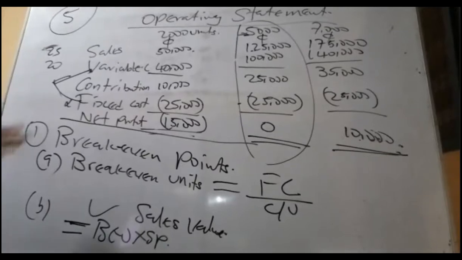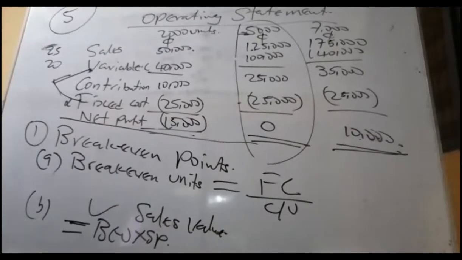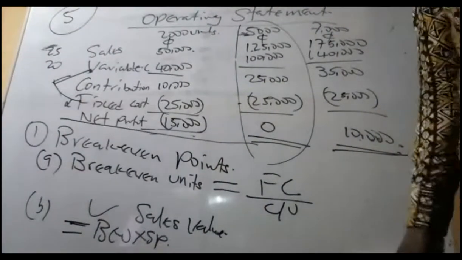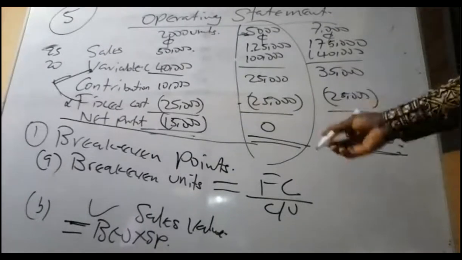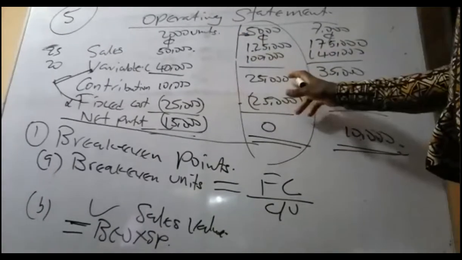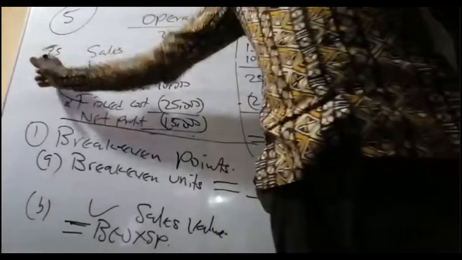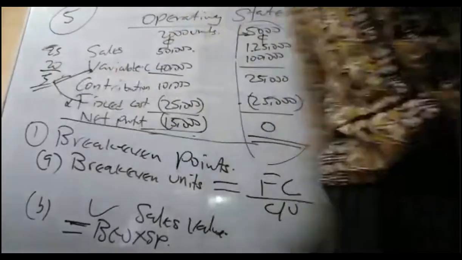That is all. So let's see this question, the one that we solved. First, we had a fixed cost of what? 25,000. The fixed cost for this question was 25,000, right? The contribution per unit was what? 5. Okay, so we can find the break-even unit.